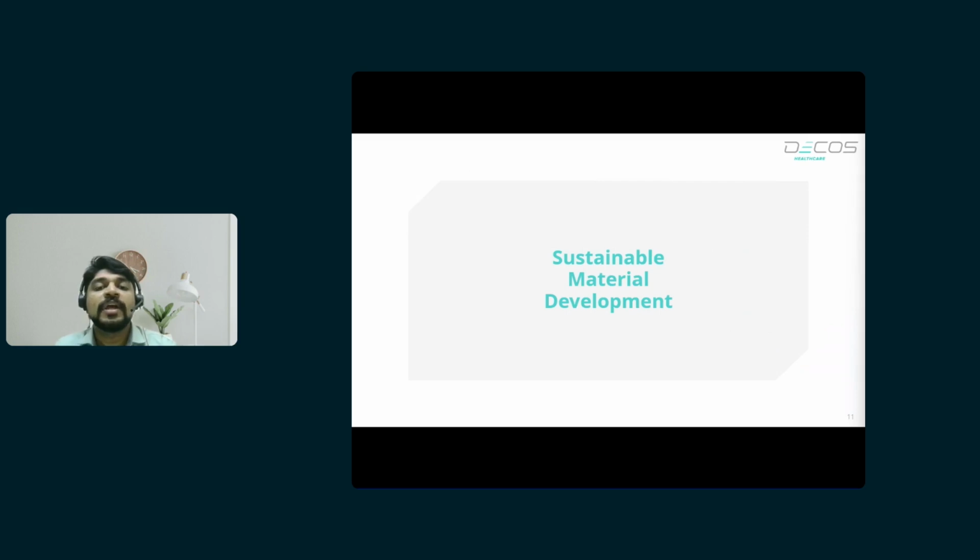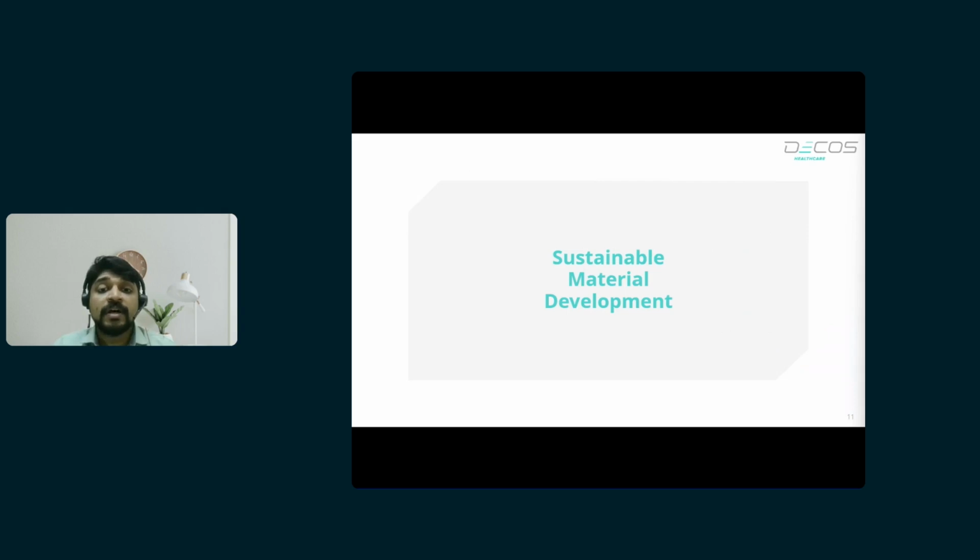Now let's look into sustainable material development. Sustainable material development is a critical approach to creating and using materials with minimal environmental and social impact throughout their entire life. It goes beyond simply finding eco-friendly materials and encompasses a holistic strategy for responsible material use.